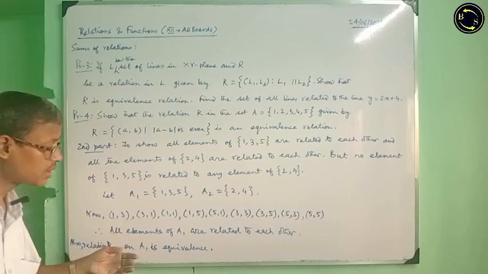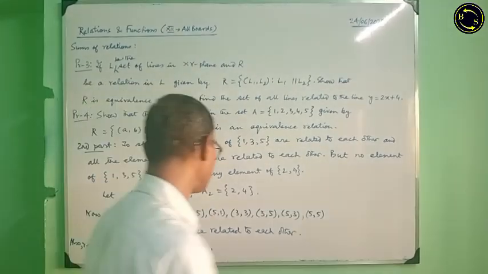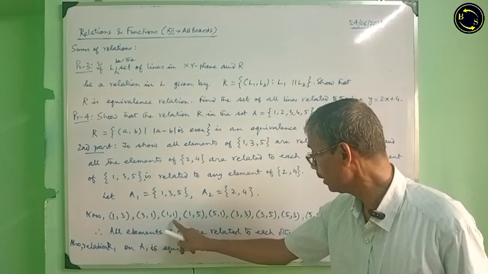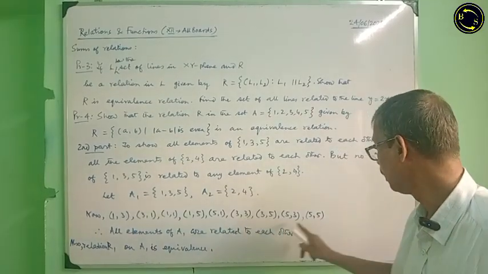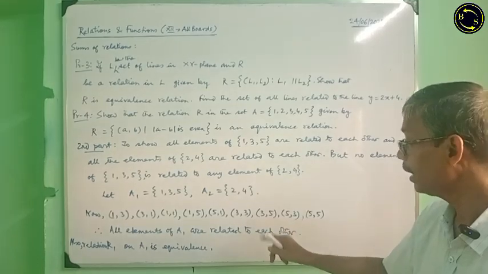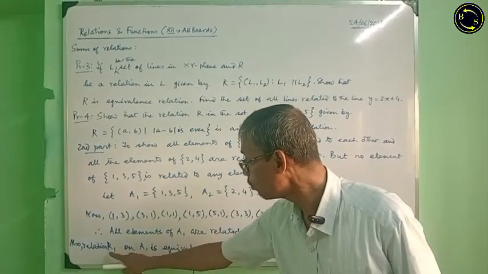Now, what is the explanation? We see ordered pairs AA present in R1.